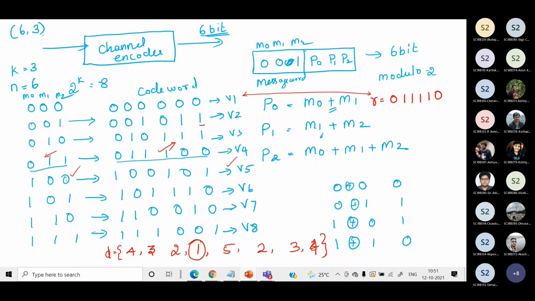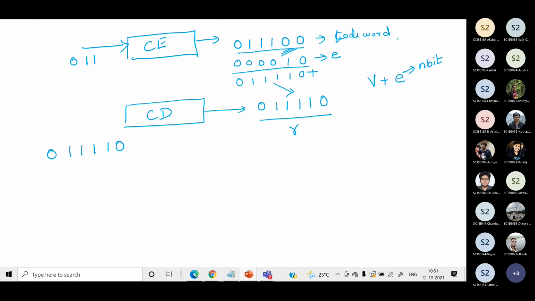I have a doubt, ma'am. Here we faced the problem of losing only 1 bit. Suppose we had a problem of losing 2-3 bits, will the same case work? Very good question. Here we have taken only a 1 bit error.